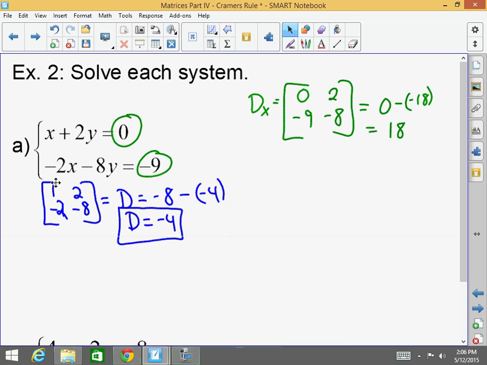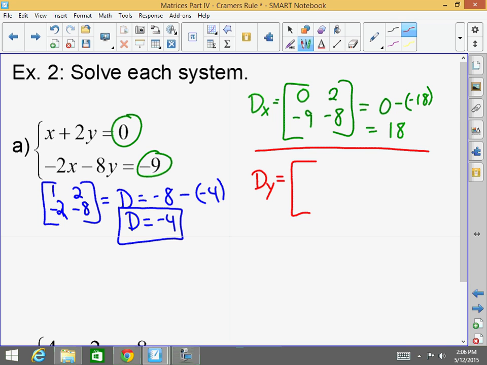Okay? And then, last but not least, my d of y, I replace my e and f with the coefficients of y. So I've got 1, -2, and then I've got 0 and -9. Everyone with me here so far? Promise? Okay, so this is -9 minus 0.